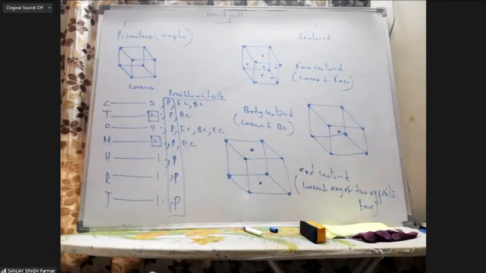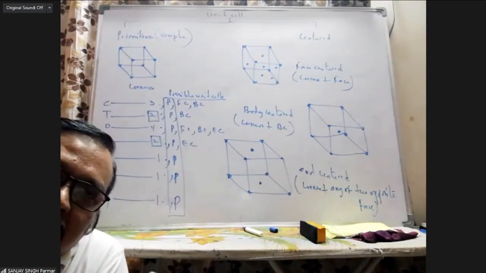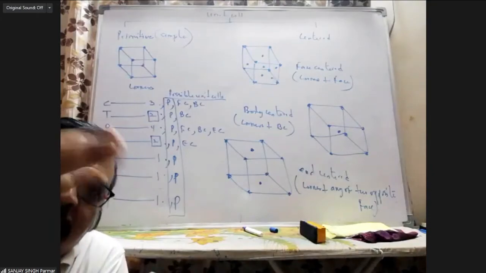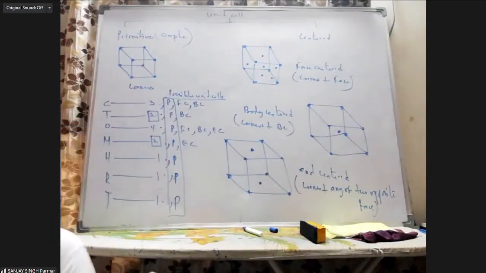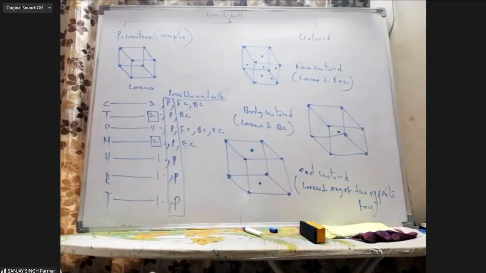Suppose take the example in the cubic, zinc blende. Write the formula: zinc sulfide, ZnS. You have memorized zinc blende, but in the exam they have given ZnS, and now there is confusion. So zinc blende is nothing but zinc sulfide, ZnS. Check in the tetragonal, they have given SnO2.